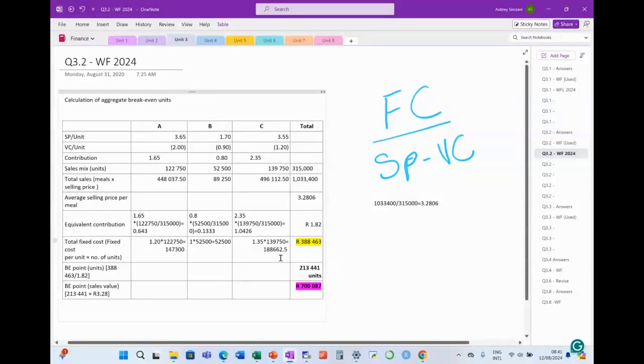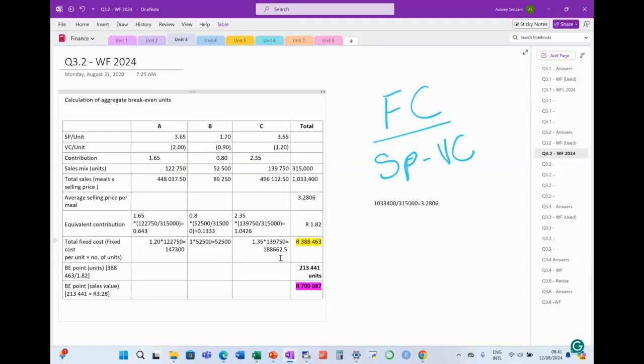When you add those together, you should be getting the 388,000 in fixed costs total. Everybody understood how we got there? Remember in the table in the textbook, they gave you fixed cost per unit for each of the respective products. This is why we're doing it like this. Usually you would just get a fixed cost amount.